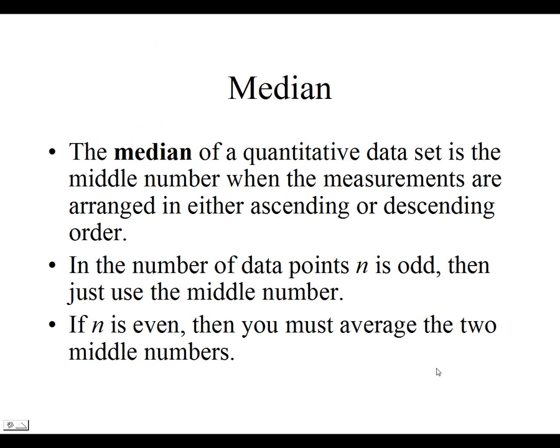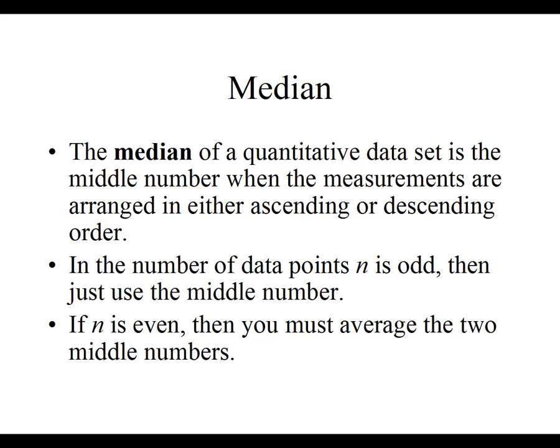Now, the median is simply the middle of the data set. And it's pretty simple to calculate. You just have to first put the data into either an ascending or a descending order so that you can find the middle. If you just left it as the data set when it's not in any sort of order, the middle two numbers typically don't work.